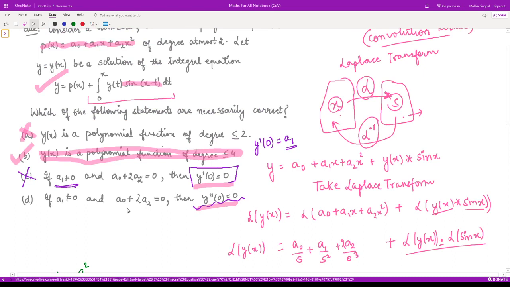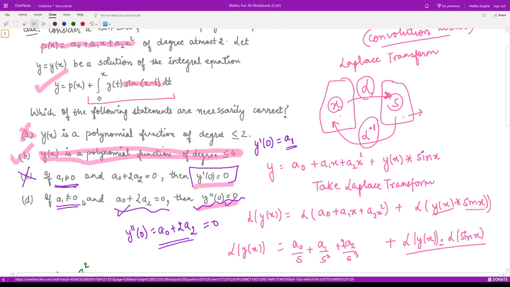Right. So now let us see the conditions in the fourth option. They are saying a1 is not equal to 0. Moreover, this term is equal to 0, then y double dash of 0 is equal to 0. In our case, what do we get? We get y double dash of 0 is equal to a naught plus 2a2, right? So this would be 0 if and only if this term is 0, right? So this condition is true.